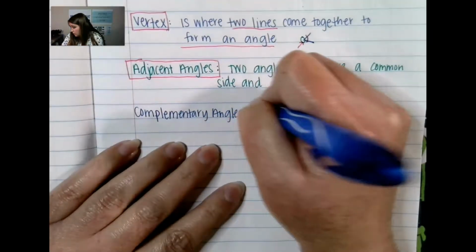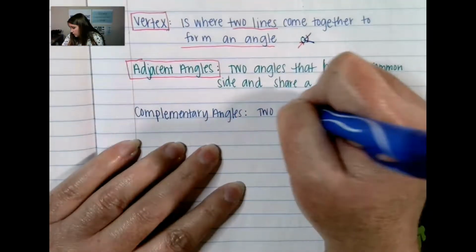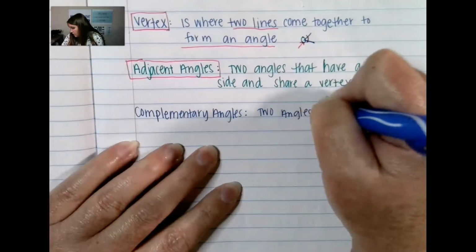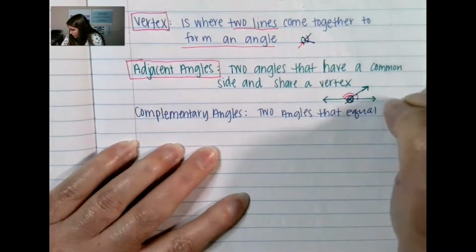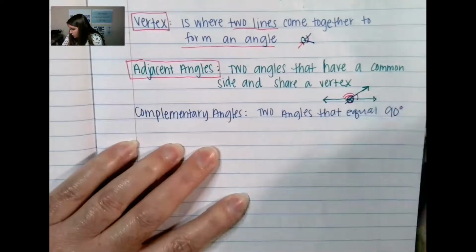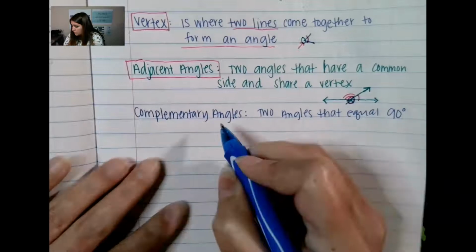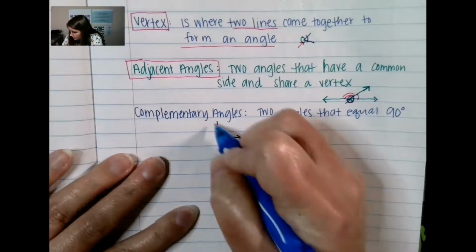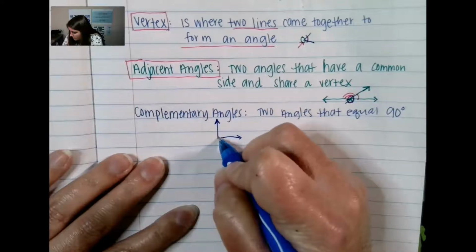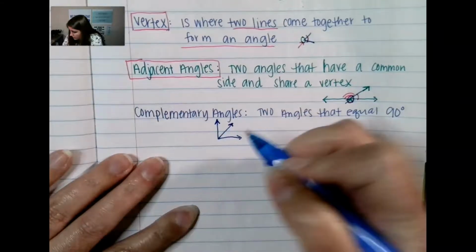So two angles that equal 90 degrees. For example, you could have one like this, and another angle that goes off like this.